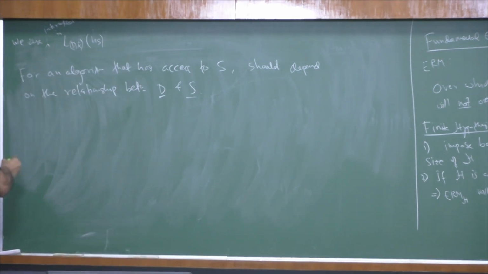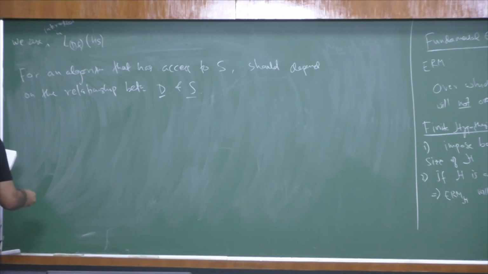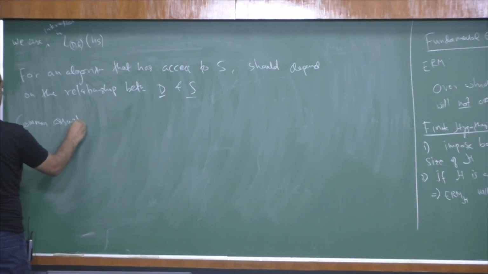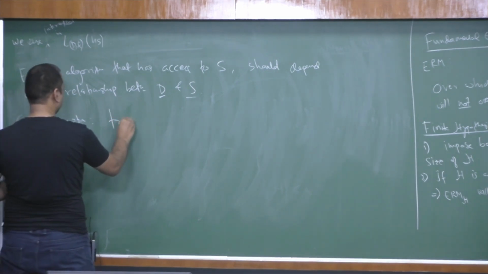There are many things that depend on the sample itself. So a common assumption in the statistical learning community is that S is IID. The training samples are generated independently of each other.